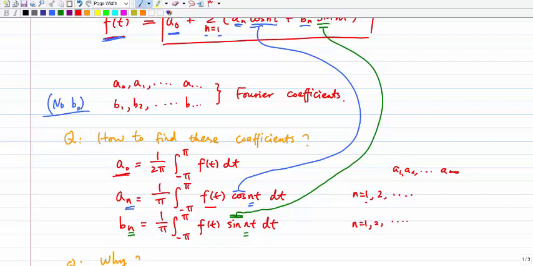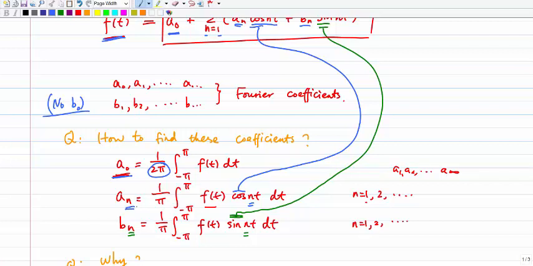If you want to remember this, for a0 the difference is that you divide by 2 pi. For an and bn, it is 1 over pi, so there's no 2 over here. The integration is the same, always from negative pi to pi. For a0 the integrand is f(t).